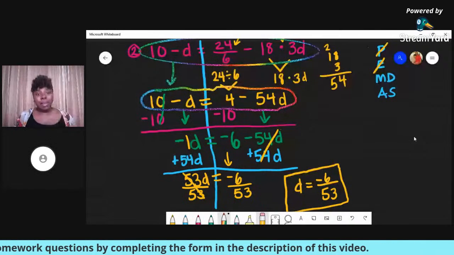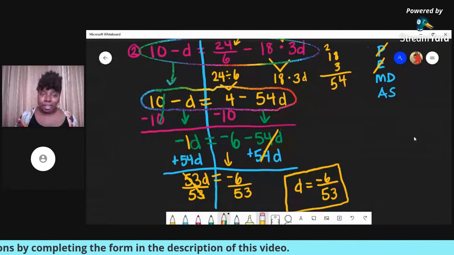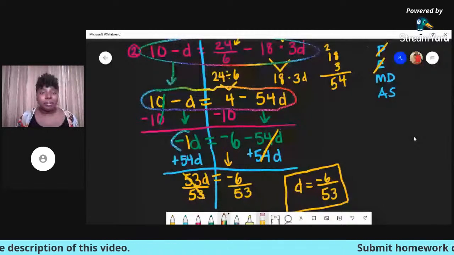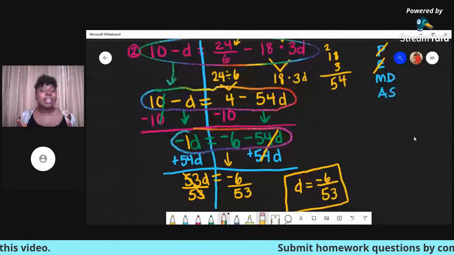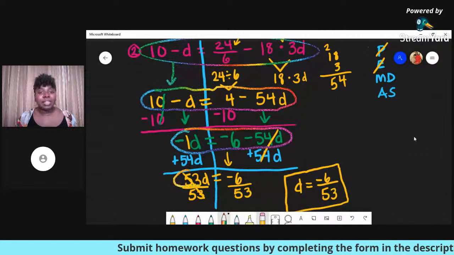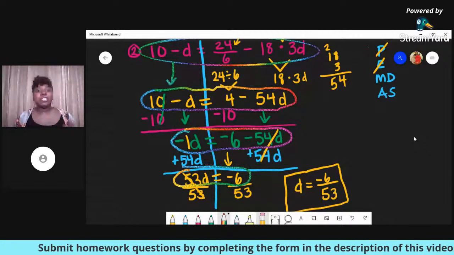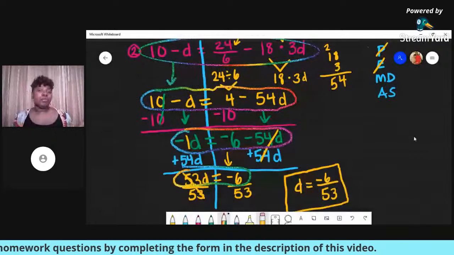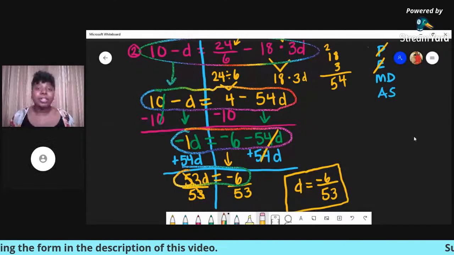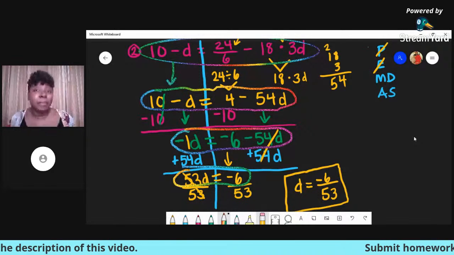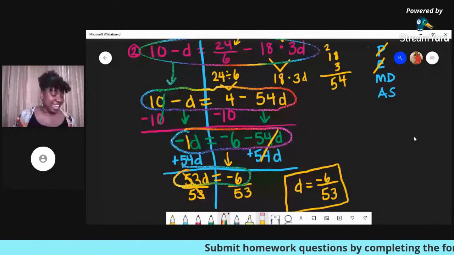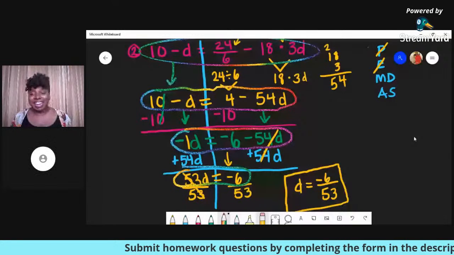Then we said, all right, I need to get rid of that 10. So we got it down to here. Then we moved the -54. We got down to this point. So there were 1, 2, 3, 4, 5 steps to get to that, which is a lot. So this is what we call a multi-step equation because it is insane.